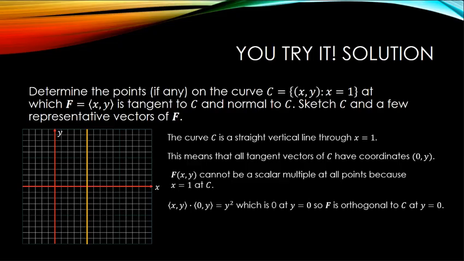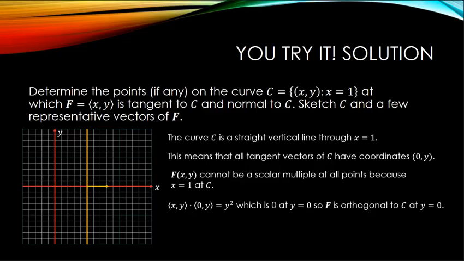If I look at the dot product of the vector xy dotted with the vector 0, y, I get y squared. This is 0 when y is 0. This means that f is orthogonal to C at the point y equal to 0, and I can sketch that vector on my graph. It simply lies along the x-axis pointed from the line C to the right.